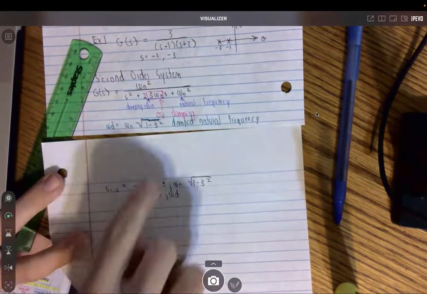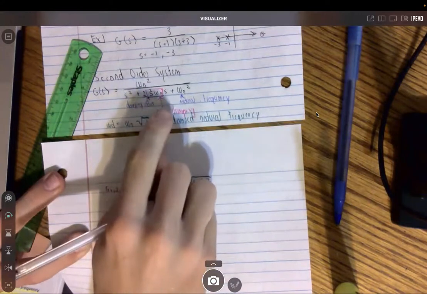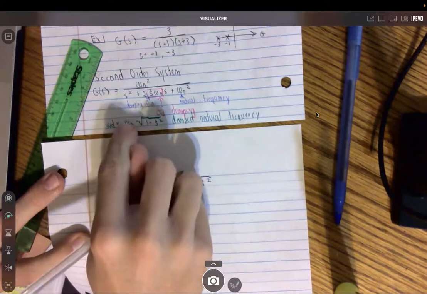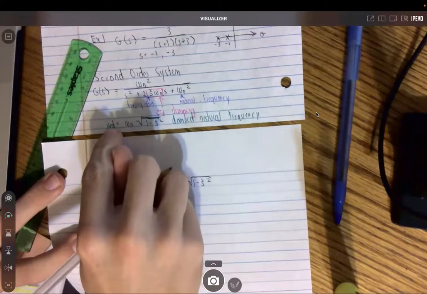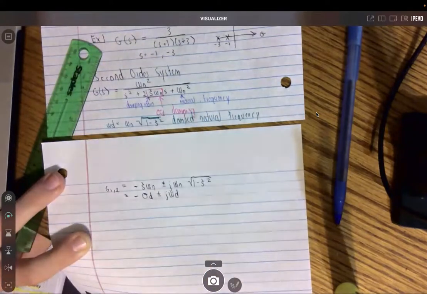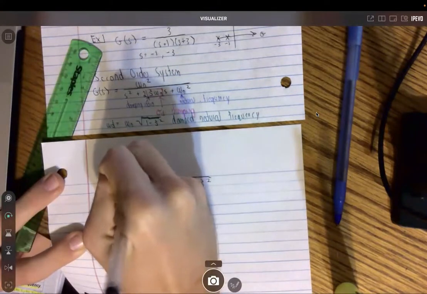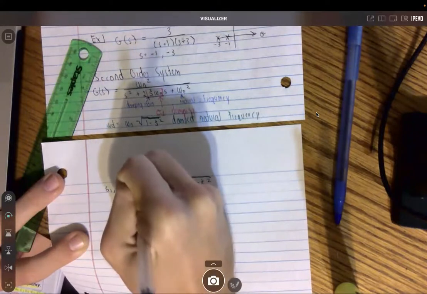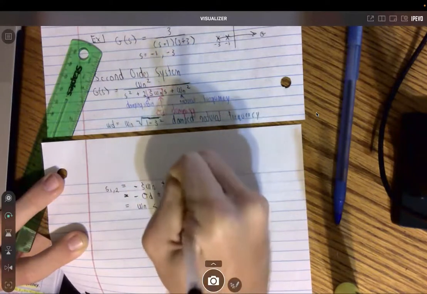We just combined zeta omega n as sigma d, and omega n square root 1 minus zeta squared as omega d. This is just a simplification for how the poles will be represented. There's a third way to represent them, which would be omega n, and then pi plus or minus theta.